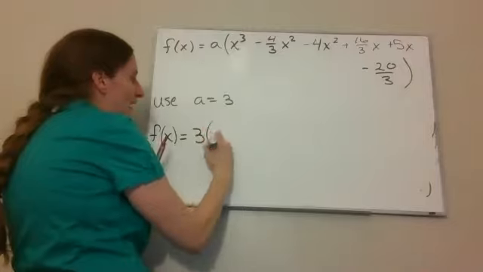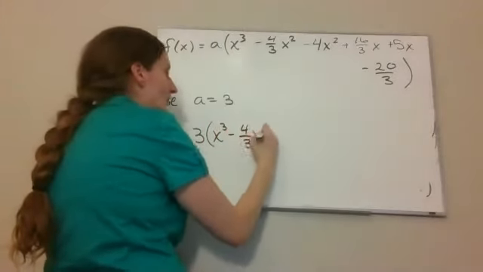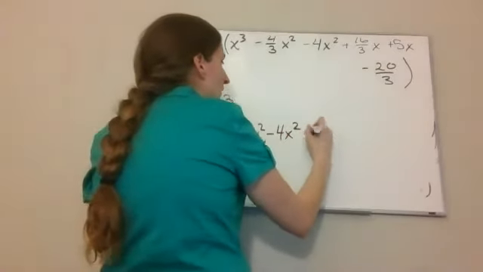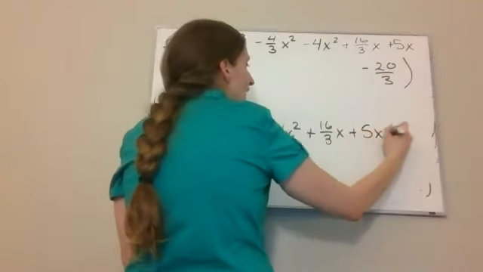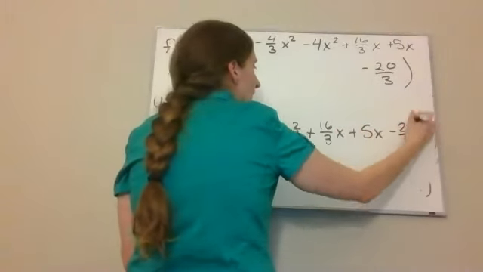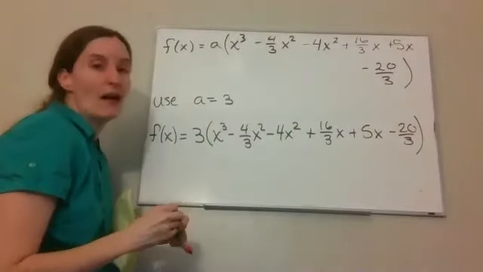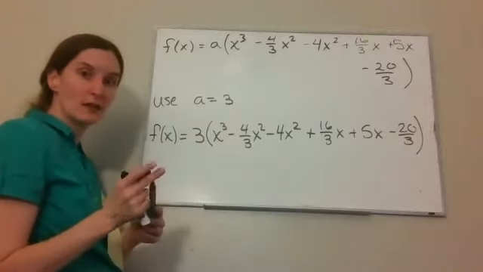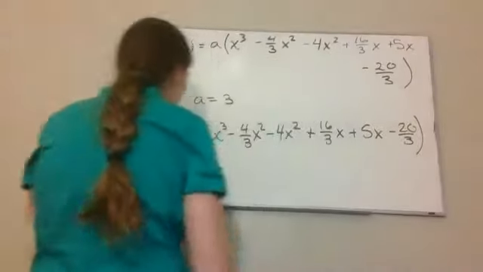So 3 times x to the 3rd minus 4/3 x squared minus 4x squared plus 16/3 x plus 5x minus 20 over 3. And now if I distribute that 3 through, I'll have my final answer of my polynomial with those particular zeros with integer coefficients.